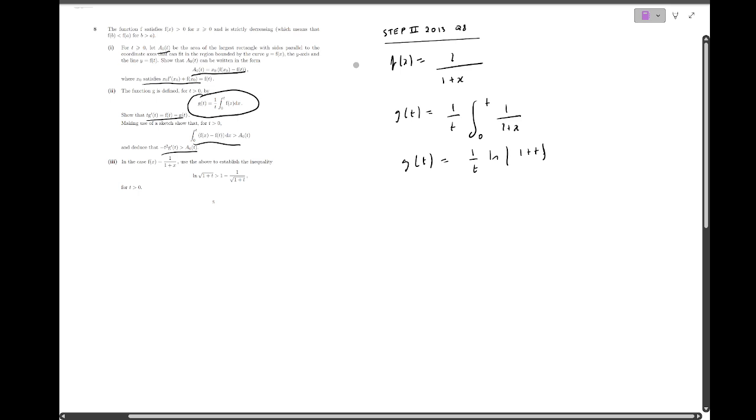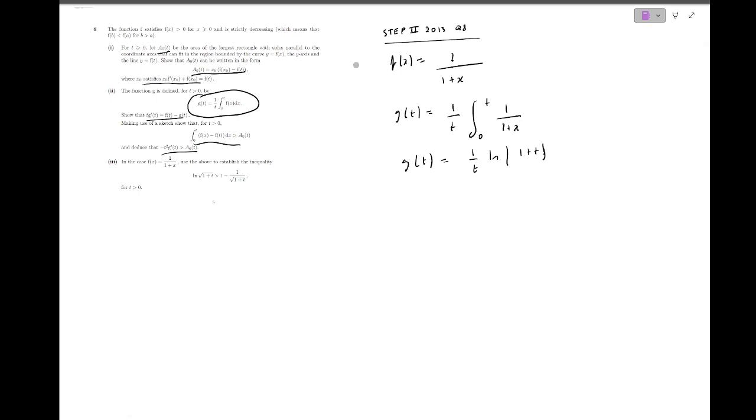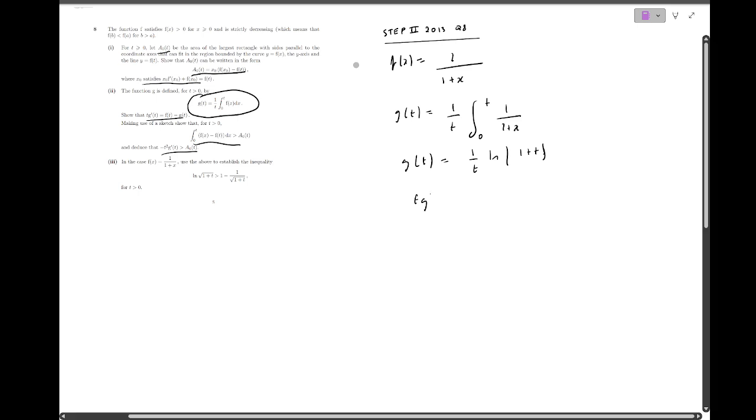And g dash of t is, well, we don't need to do that just yet. t g dash of t is equal to 1 over 1 plus t minus 1 over t natural log 1 plus t.